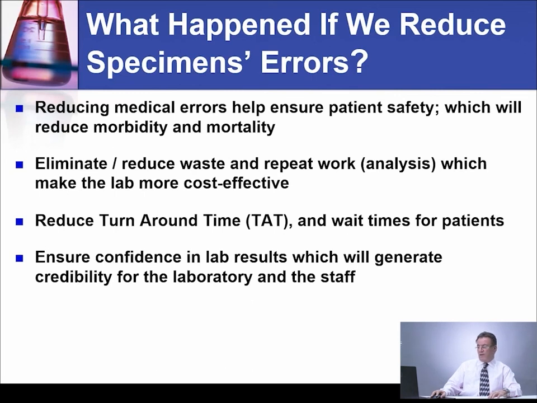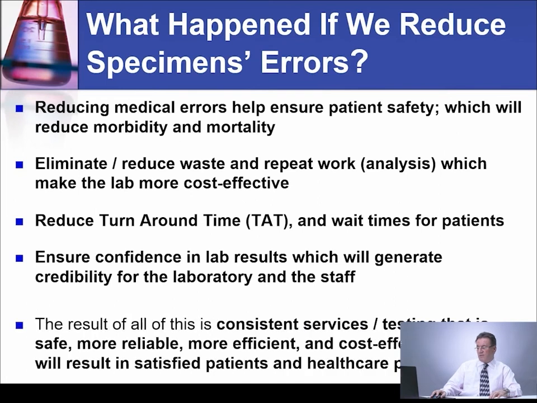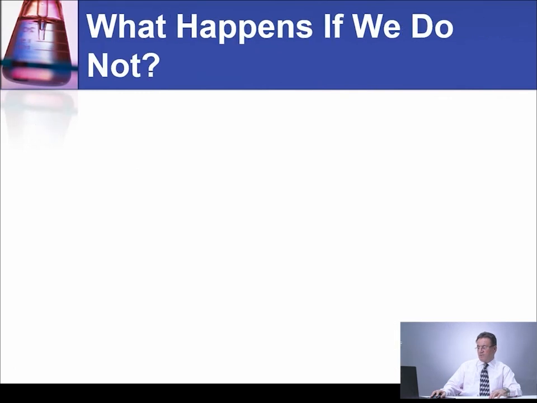Ensure confidence in the lab result, which will generate credibility for the laboratory and the staff. And finally, the result of all this is consistent testing service that is safe, more reliable, more efficient, more cost effective, which will result in satisfied patients and healthcare providers.